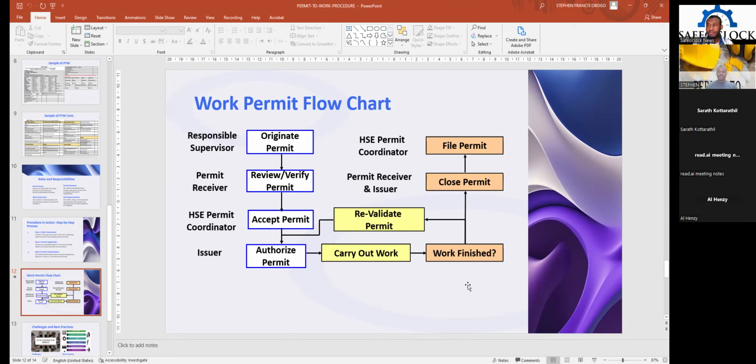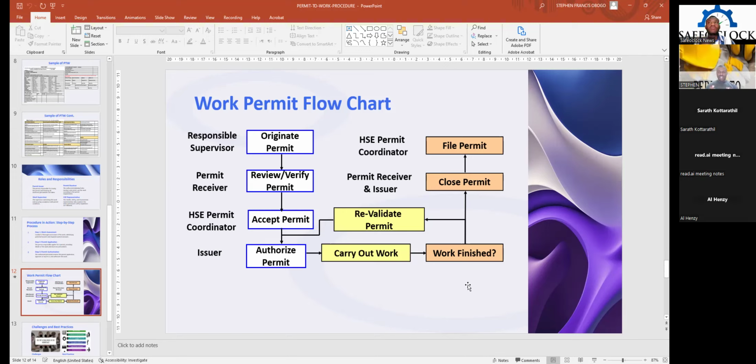Now, if the work is closed or finished completely, then you close the permit. The permit will be closed by the permit receiver and the issuer. If you see the sample I showed you, there's a portion for who received the permit and who issued it, for them to sign to make sure that everything has been done, and the work area is safe without creating additional risk or hazard.